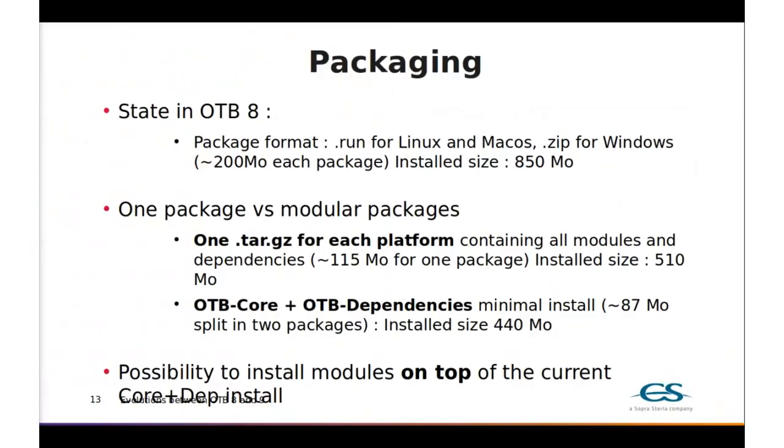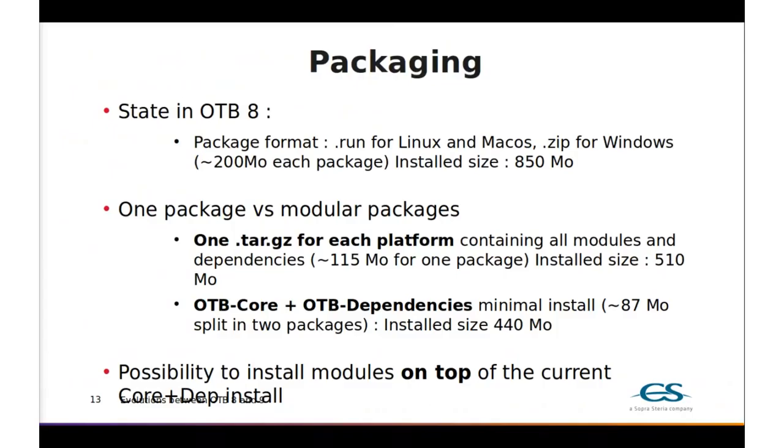Okay, so in OTB 8, you could use OTB with a .run file, which was kind of a one-click installer, but it was 200 megabytes for each package, and the installed size more or less 850 megabytes. Now with the new packaging method, we decided to do a tar GZ, and that's all.